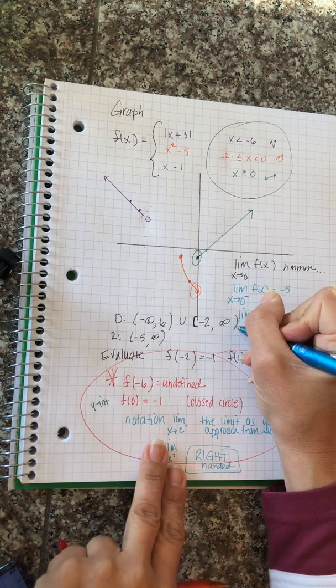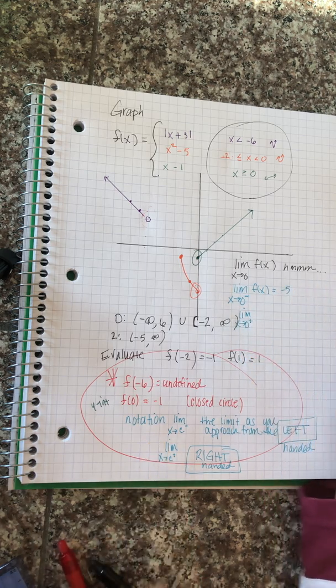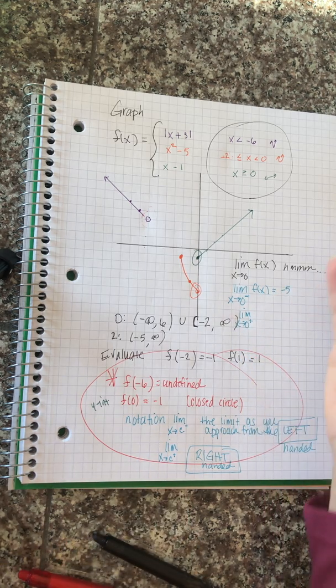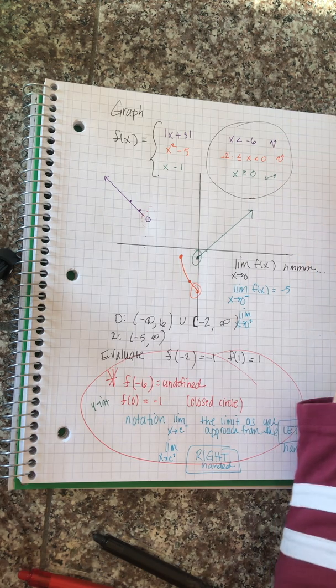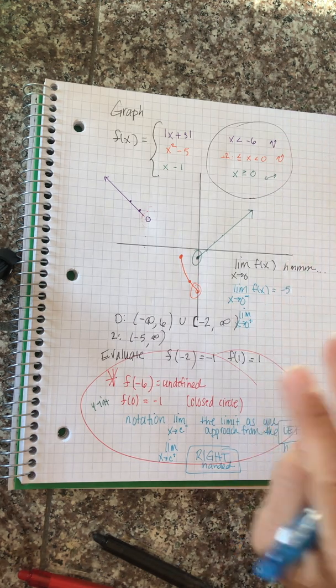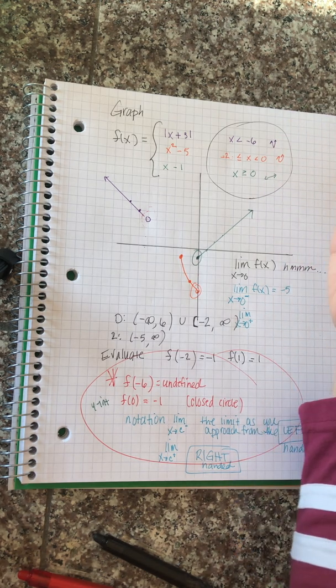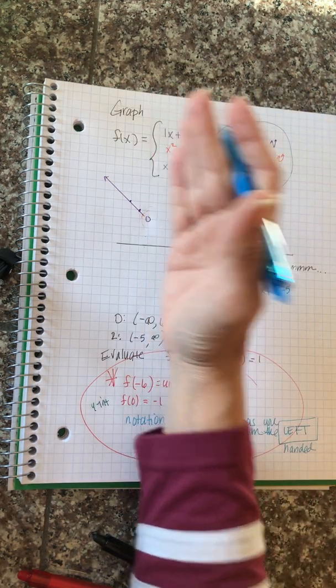Now I'm going to approach from the right. Positive values are on the right. So I'm on my graph and I'm coming from the right and I'm approaching 0.